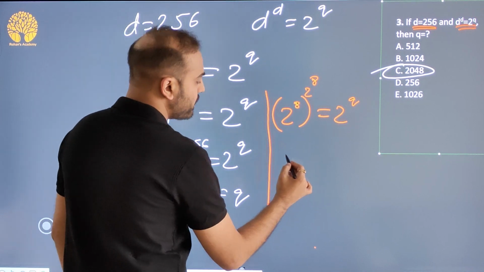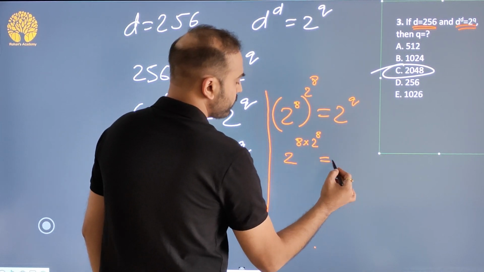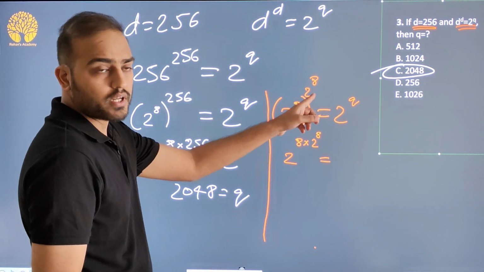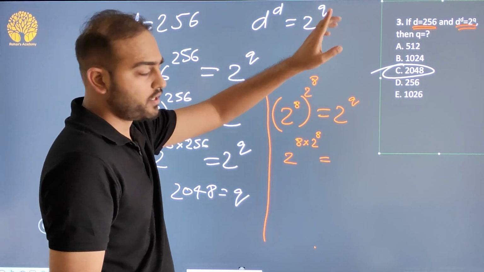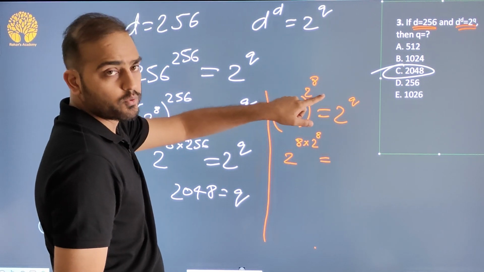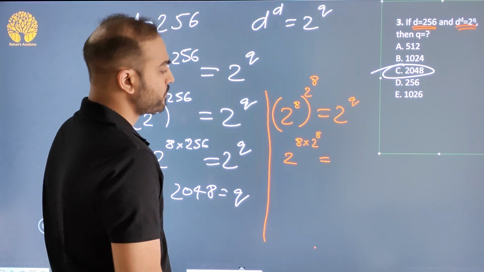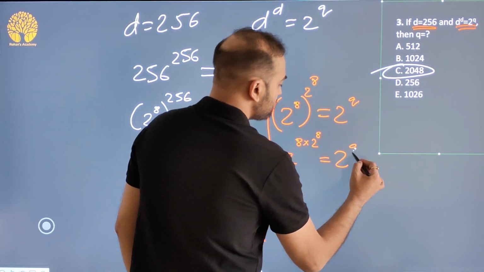Again, the power multiplies, so that's 2 power 8 times 2 power 8. It doesn't become 8 power 8 into 2, 16 and then 16 power 8. It also does not become 2 into 8, 16 and then 16 into 8, because this is 2 power 8, not the whole thing power 8. So this is 2 power q.